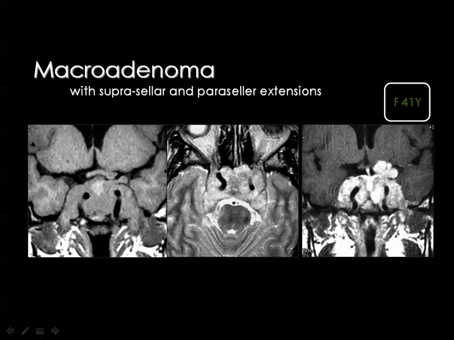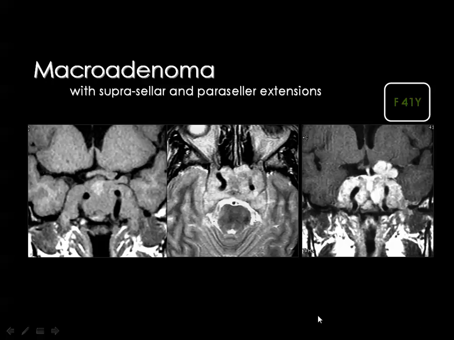Then the suprasellar extension of the lesion has passed through the three main anatomic areas: the suprasellar cistern, the optic chiasm, and the hypothalamus. The parasellar extension is assessed by the appearance of the internal carotid artery inside the cavernous sinus.